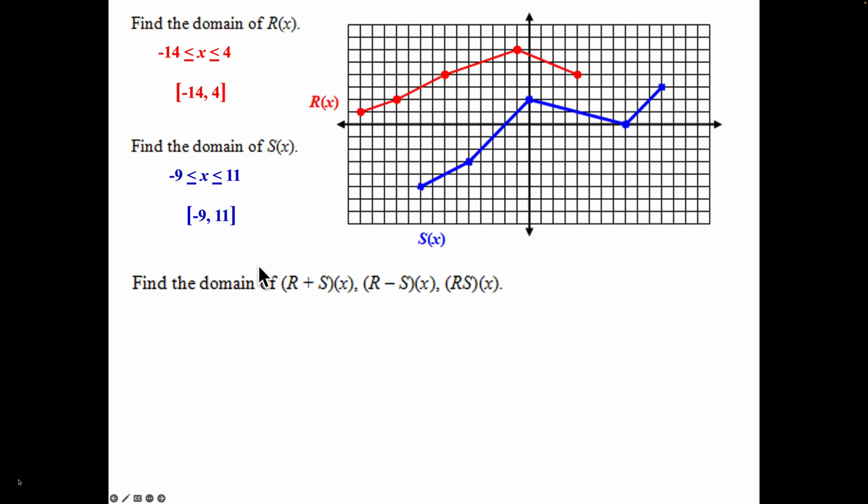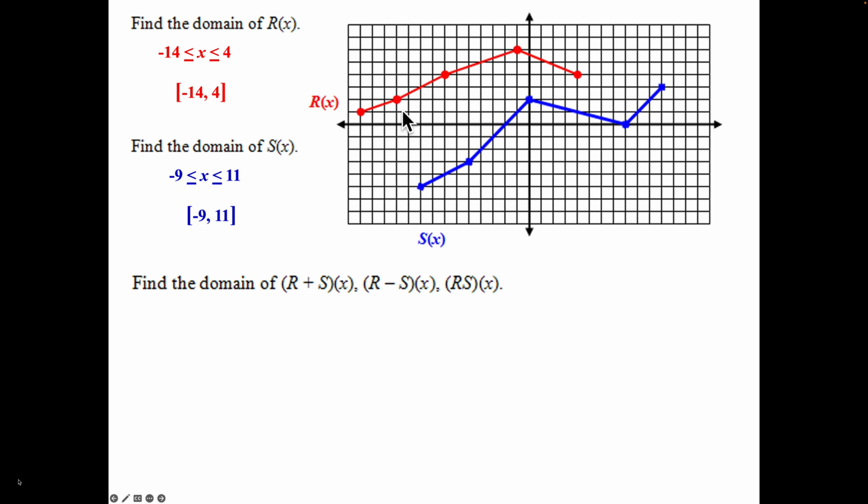So if I wanted to be able to add these 2 together, I would have to be able to find a y coordinate in the red and a blue y coordinate so I can add them together. So it would be really hard to have this point, which is at negative 11 for my x, because there's no point for x equals negative 11 for the blue graph.